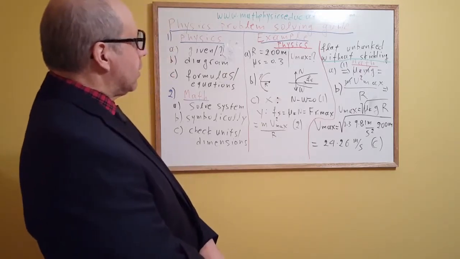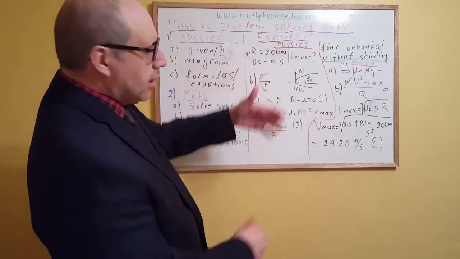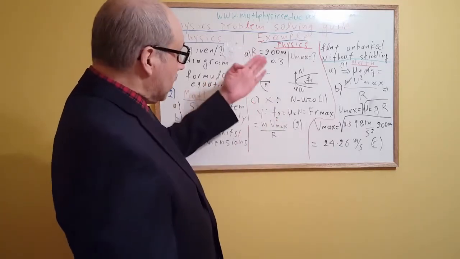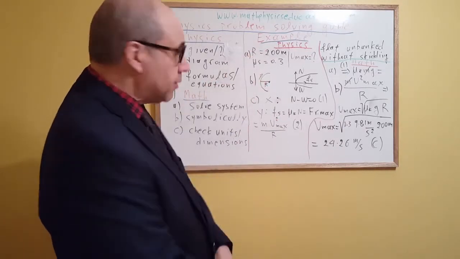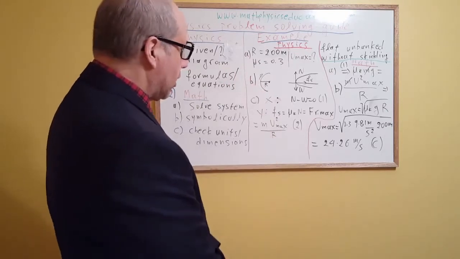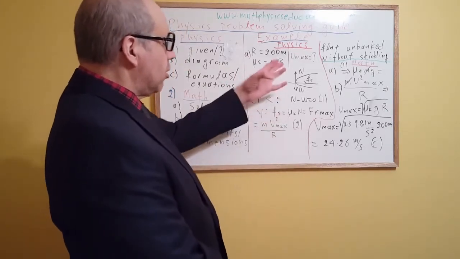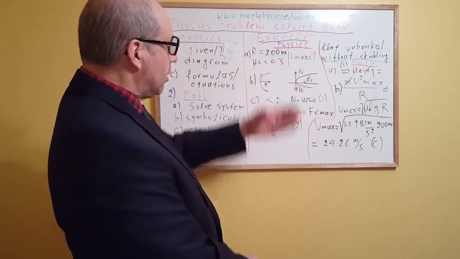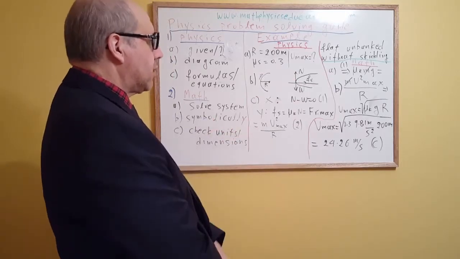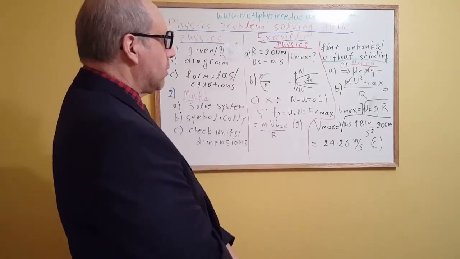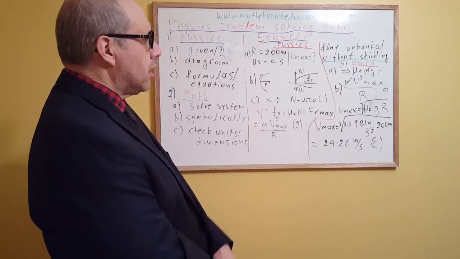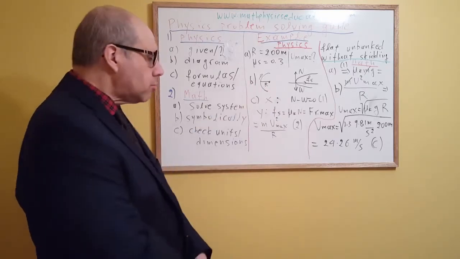So that means that one thing that should get involved is the centripetal force, and of course the centripetal acceleration. And since you have these forces here, another thing that this problem involves is Newton's laws.